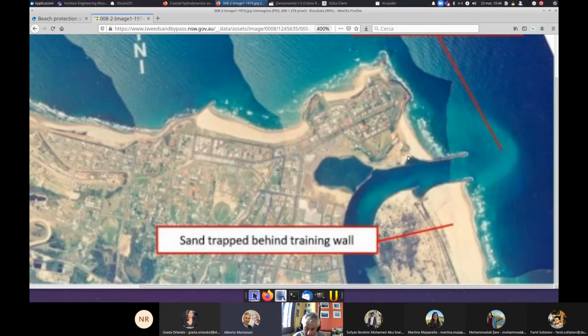So what they did is to build these two seawalls.